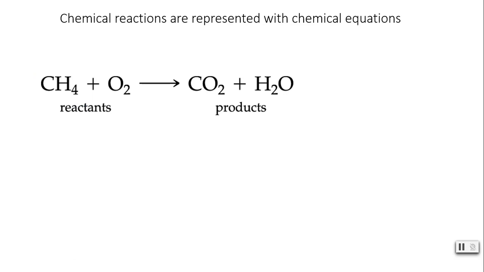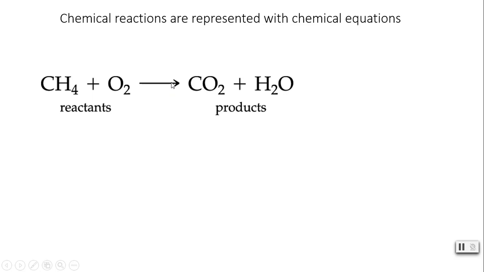When we write chemical equations, the molecules that are mixed together or that react are the reactants, and they are written on the left-hand side. Products, or what is formed in the chemical reaction, are written on the right-hand side. And in between the reactants and the products is an arrow sign.